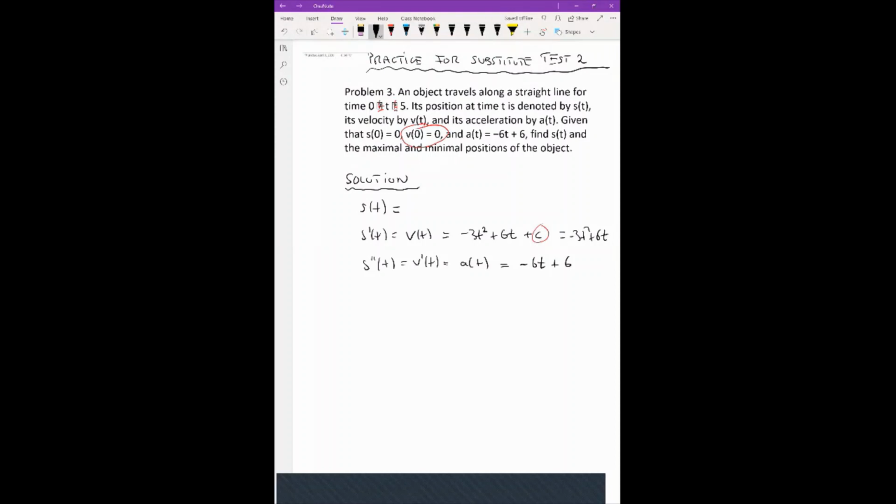So if you take the antiderivative of minus 3t squared plus 6t, then you get minus t to the 3 plus 3t squared plus a constant. But since the position at 0 is 0, the constant must also be 0. So you get minus t to the 3 plus 3t squared.